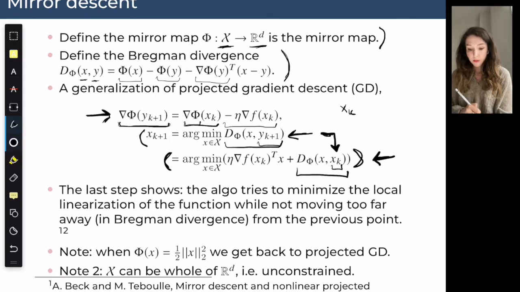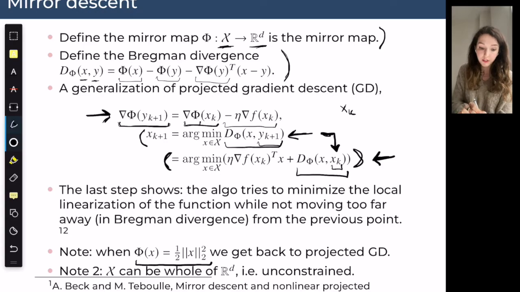If we were to choose for the mirror map phi the L2 norm, so if phi would be this 1/2 norm of x squared, what we would get is basically our projected gradient descent algorithm that we saw in the previous slide, since if we were to choose this mirror map, this gradient of phi of y_{k+1} is just y_{k+1}, gradient of phi of x_k is just x_k, and this Bregman divergence falls back into the L2 distance between x and y_{k+1}.